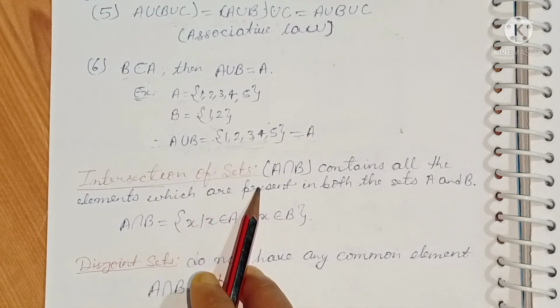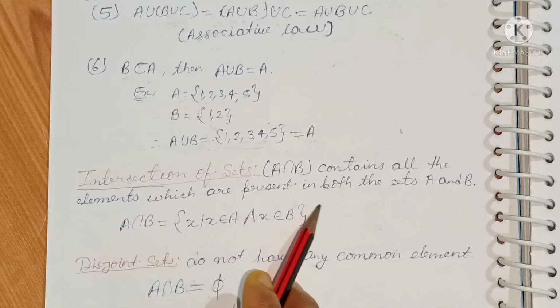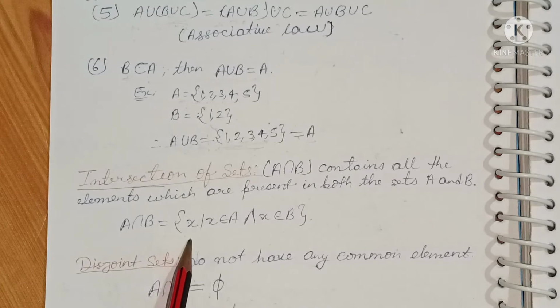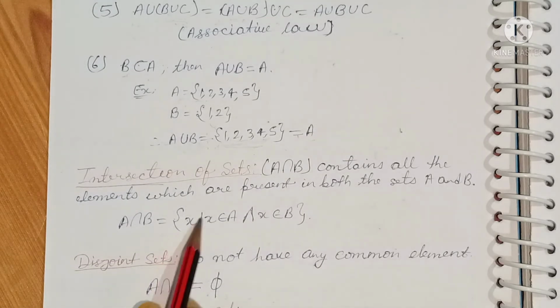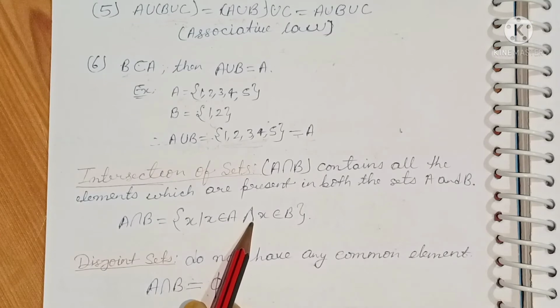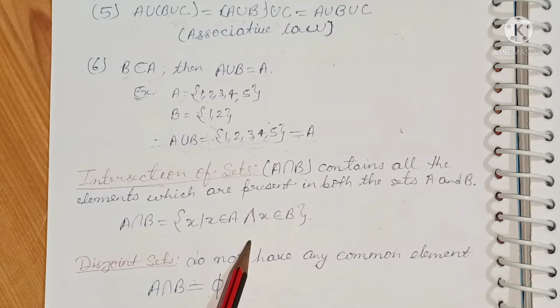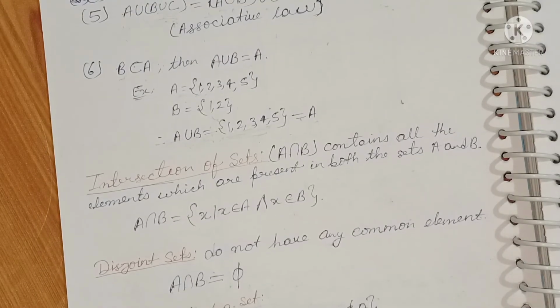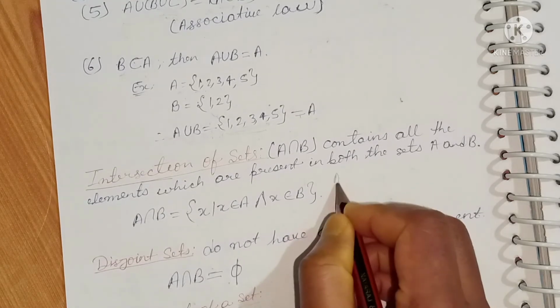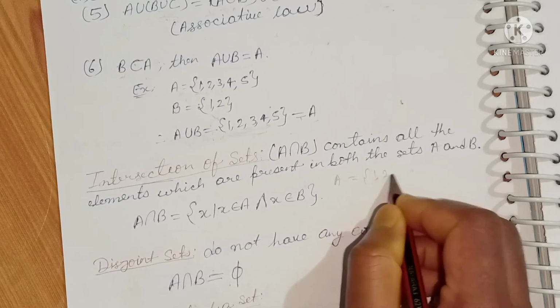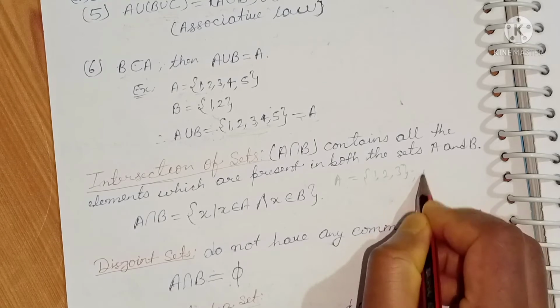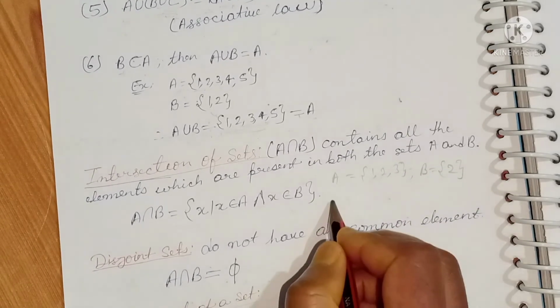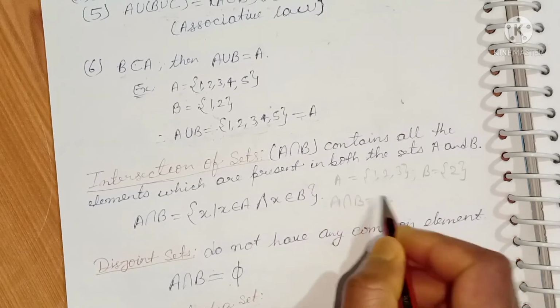And then the intersection of sets. Intersection contains all the elements which are present in both sets A and B. In symbolic notation we can write in curly brackets x, a vertical line or a colon, x belongs to A, and this symbol is used for and, x belongs to B. It means x belongs to both A and B. For example, if A is 1, 2, 3 and B equals only 2, then A intersection B: you have to find what is common.